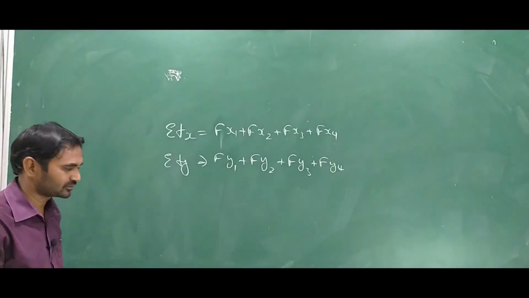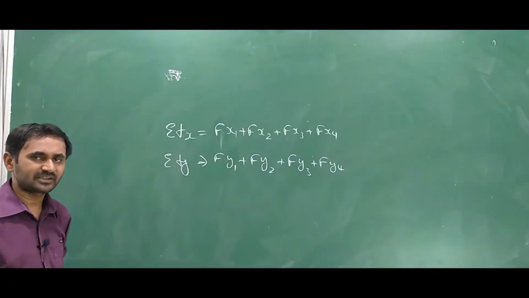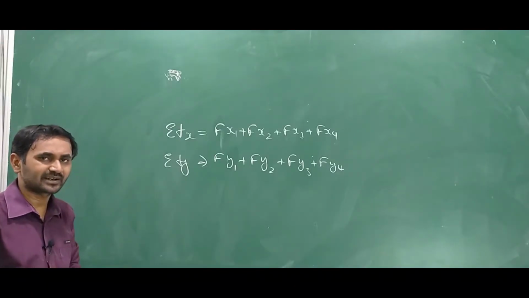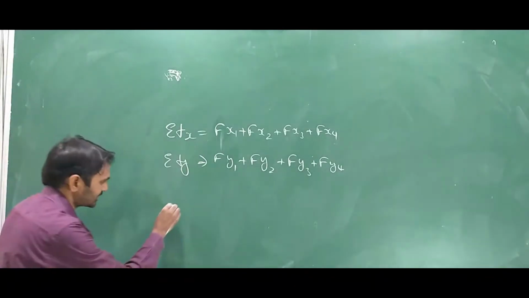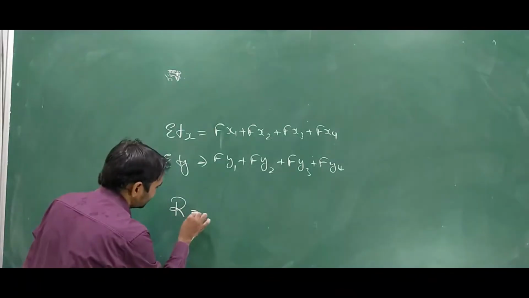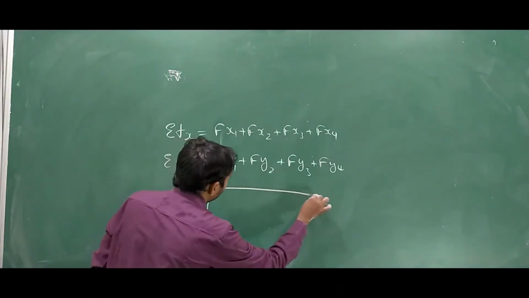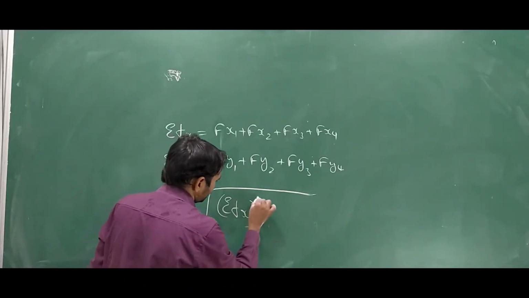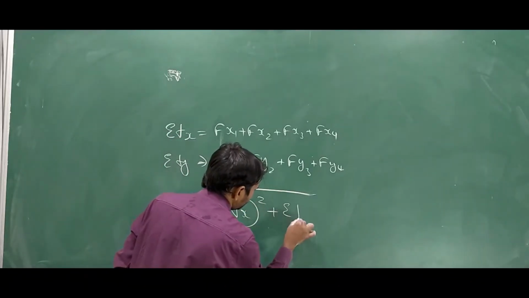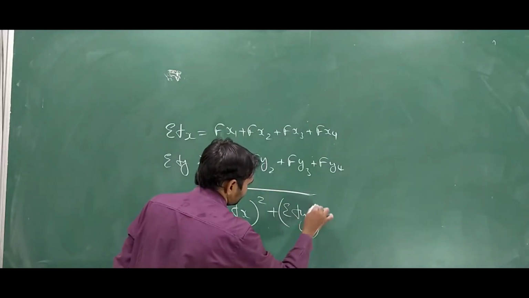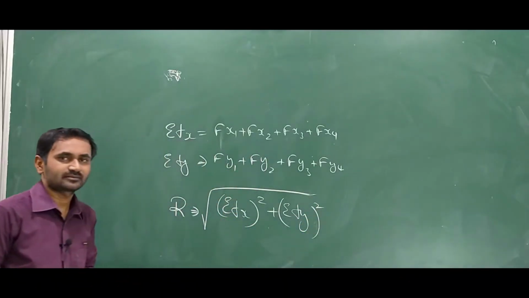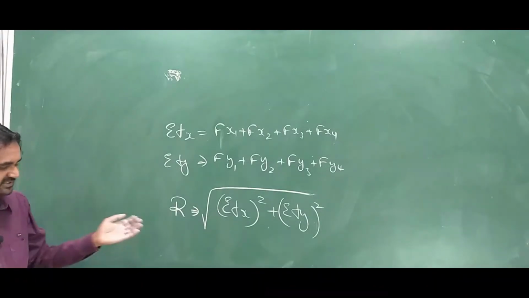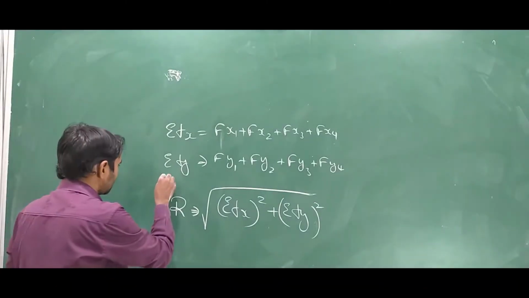Now what you have to do is find the resultant. In the previous class also we have seen the resultant. Resultant is the main target. Here the resultant is equal to the square root of sigma fx square plus sigma fy square. So this is my resultant of the polygonal law of forces.